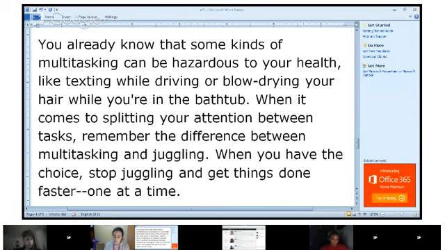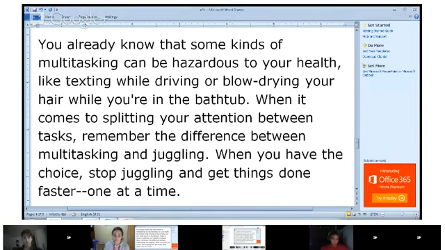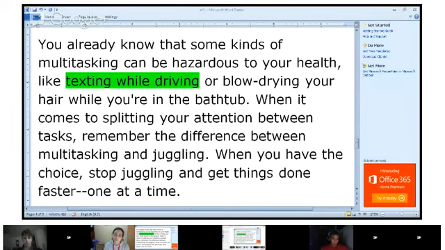Okay, great. And so, can anybody think of some other examples of people doing multitasking? Like texting while driving? Yeah, that is typical. But does anybody have other examples?